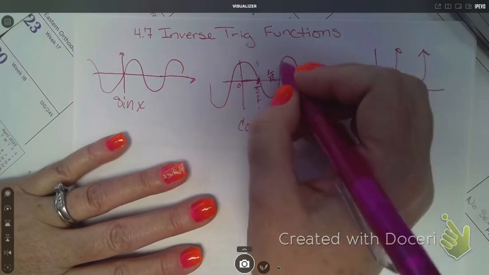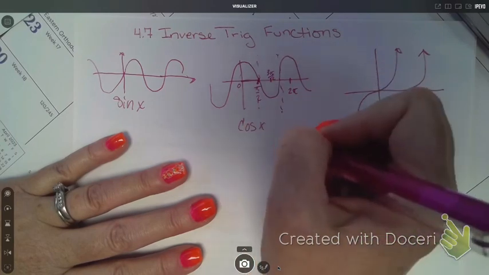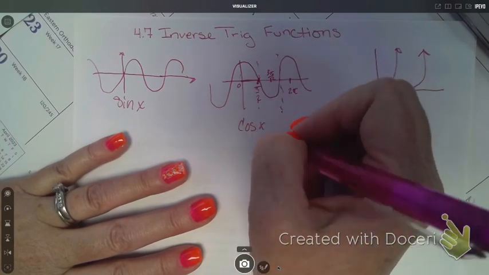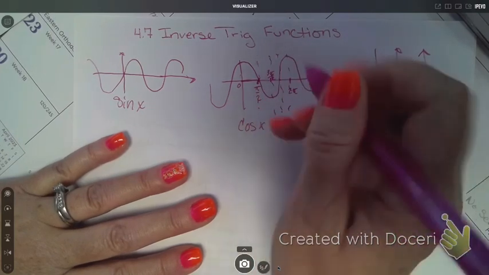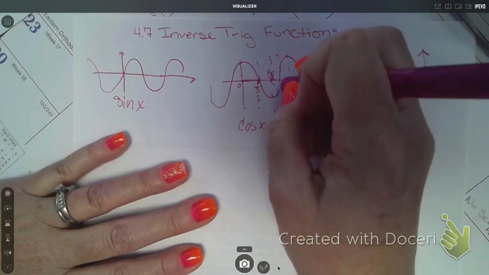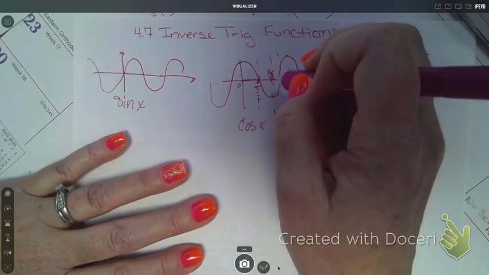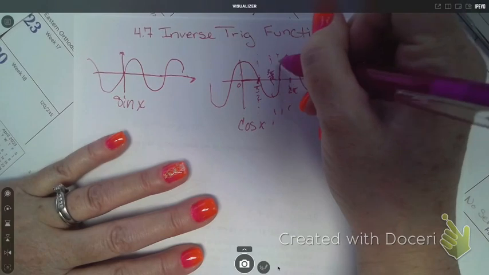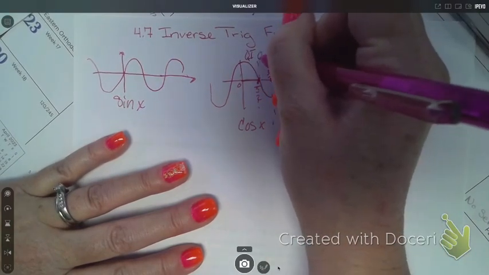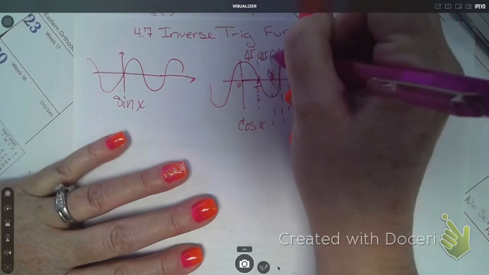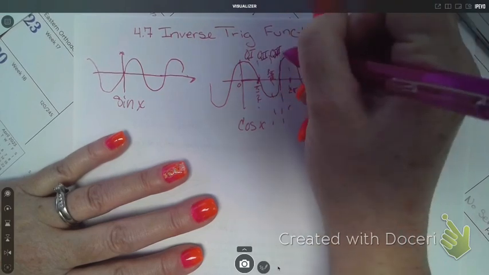So that's quadrant 1, and this is quadrant 2. Wait, this is quadrant 2, and this is quadrant 4. Why am I off? Anyway. My graph is not pretty. So I have Q1, Q2, Q3, and Q4, correct?